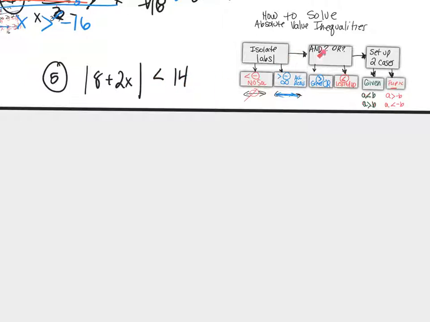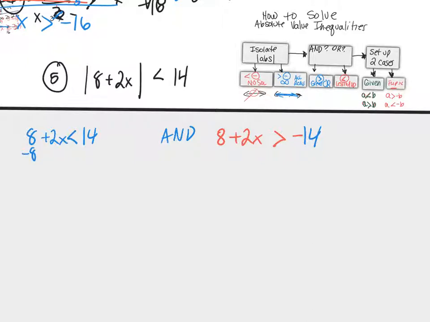No. Is it an and or an or? And, less than, so this is an and. Now you set up your two cases. Case 1 is the inside just as it is, and case 2 is the inside greater than a negative 14. Now you solve each.